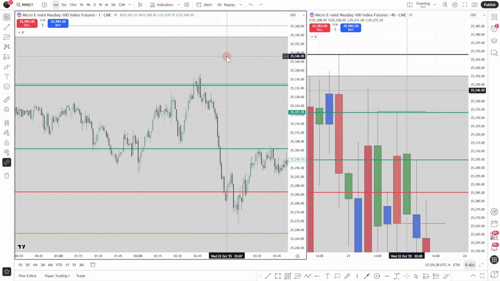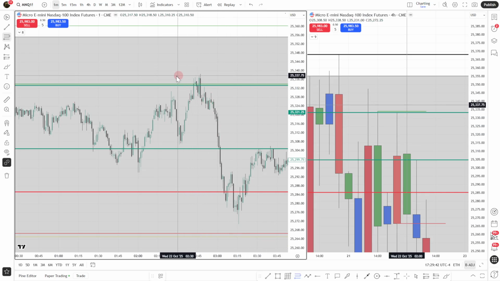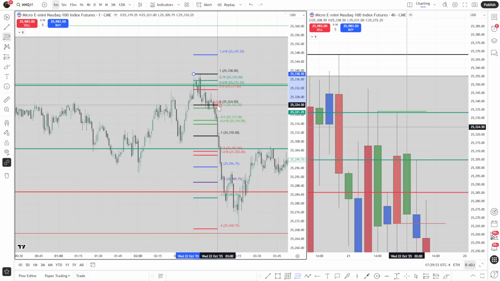Even right here, it gives us a very mechanical setup. We have these highs ran. We have price engulfs this candle right here. We have a low that's set in.